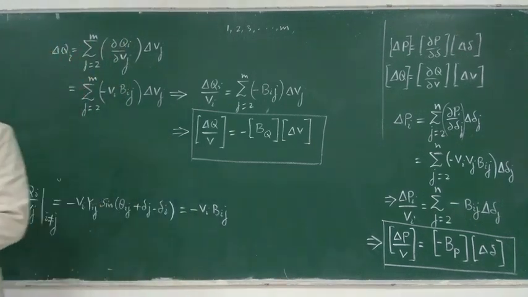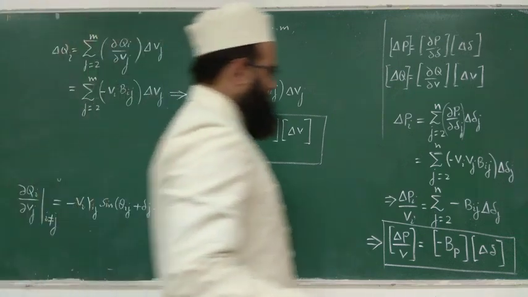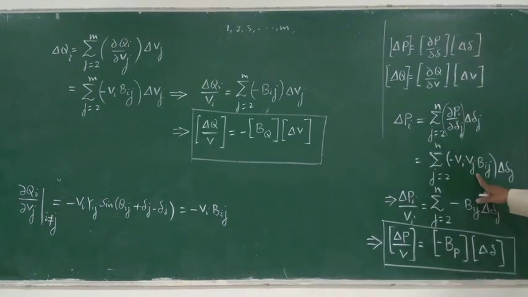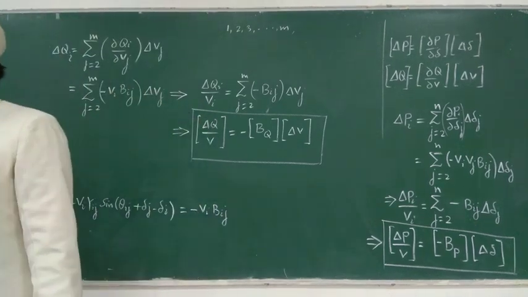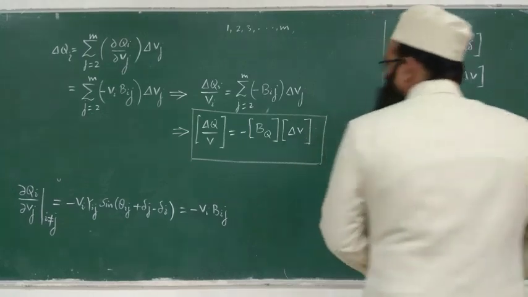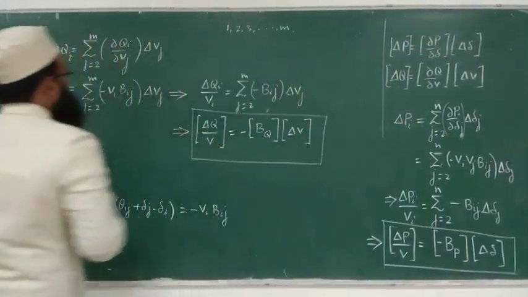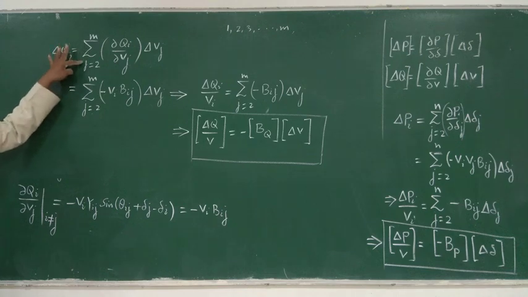Tell me. In both the buses we have assumed Vj is approximately equal to 1, so why can't Vi also be 1? No, actually we are writing for the ith bus. The ith term is there, so here the sum also includes i, is it not? We have j from 2 to m, so in between j may be equal to i.